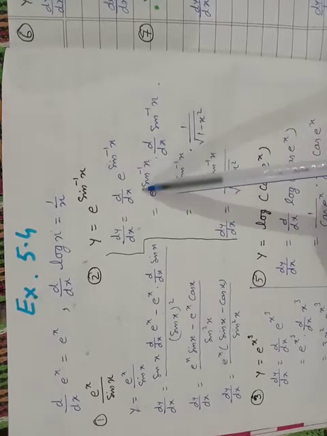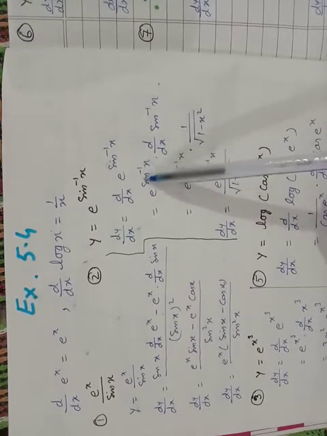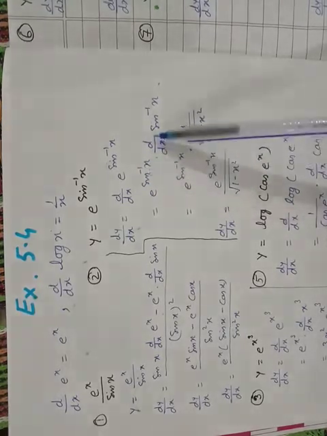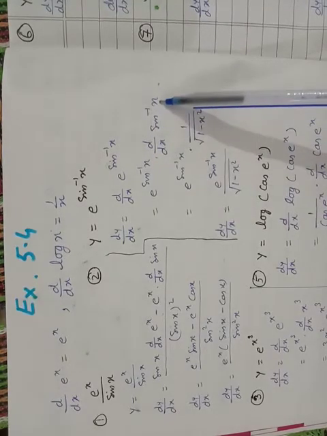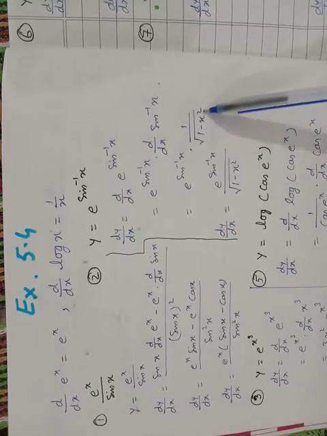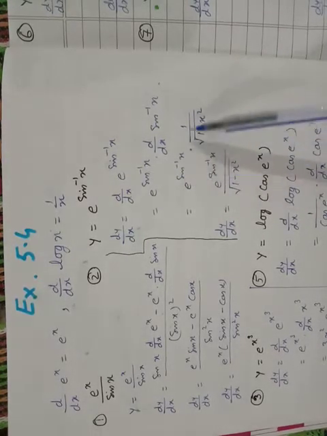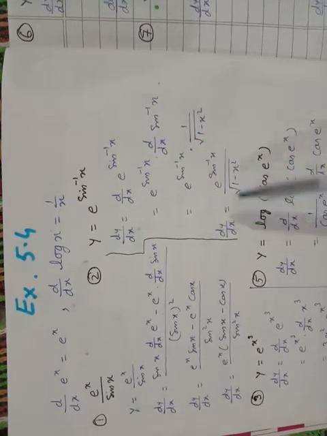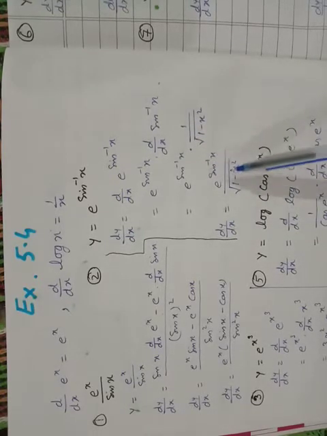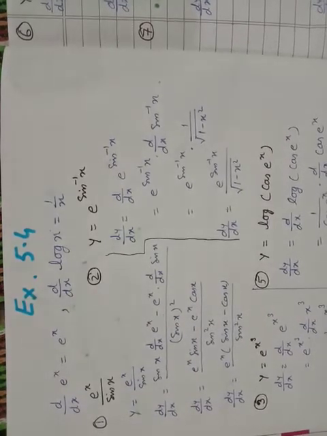Now we will apply the chain rule and differentiate sin inverse x. You know the derivative of sin inverse x is 1 over root of 1 minus x square. So we write e to power sin inverse x multiplied by 1 over root of 1 minus x square. Clear? Pause the video and note down.